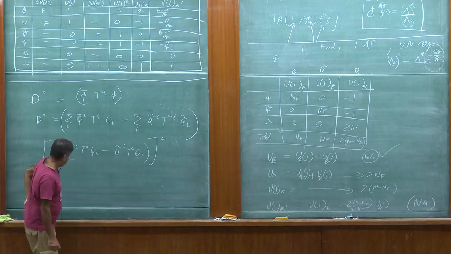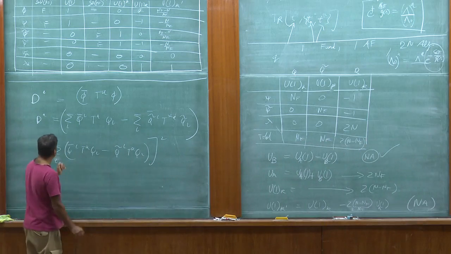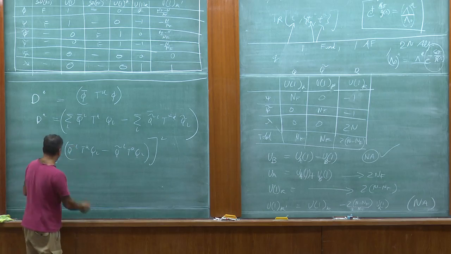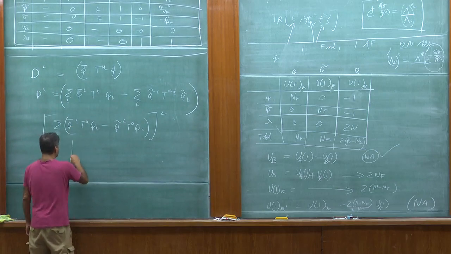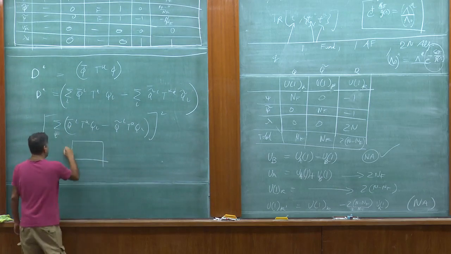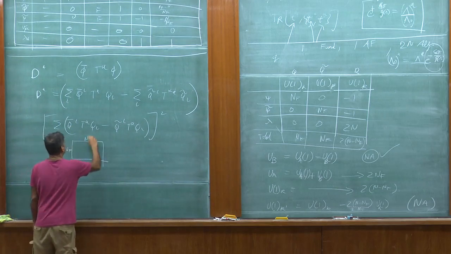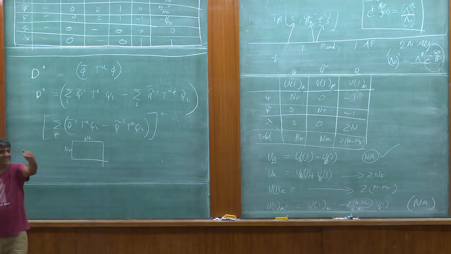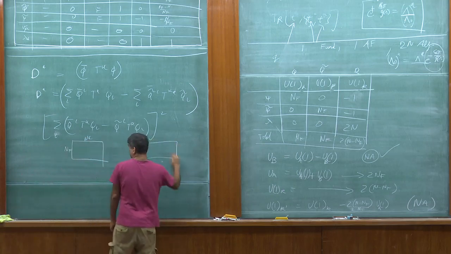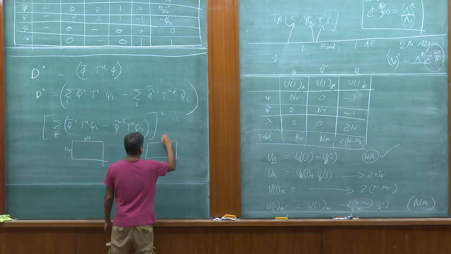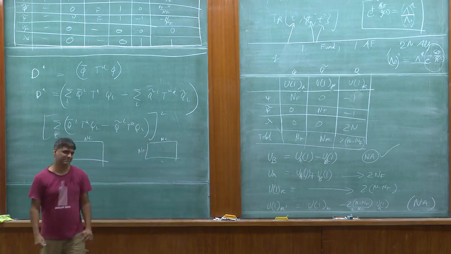There are 2N of these fields; each of these Q's is an N_F times N_C matrix, where N_C is color and N_F is flavor, and each of the Q tildes is also an N_F times N_C matrix.